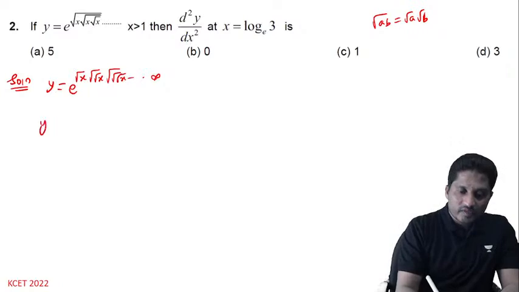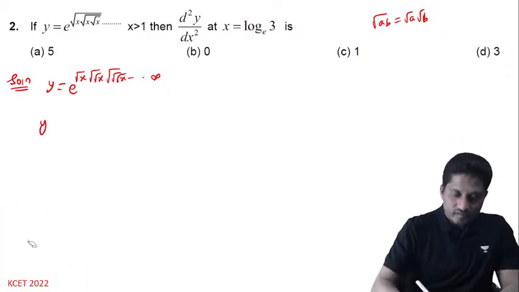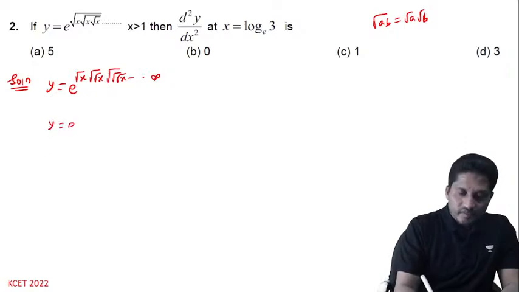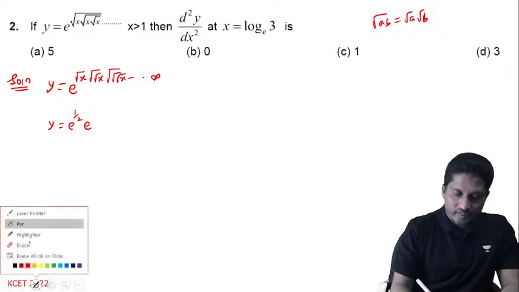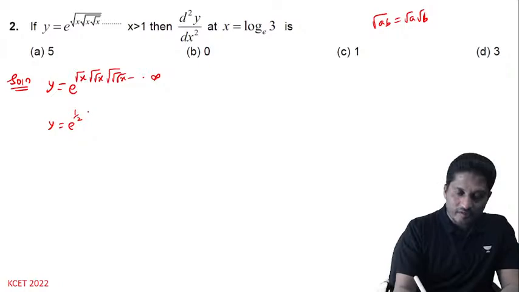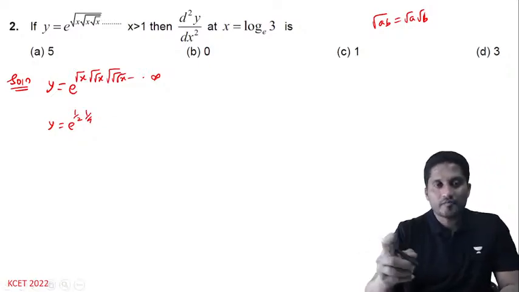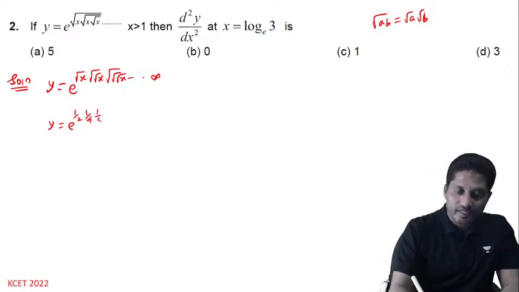So y is equal to e power half, and then root of root is double root, that is e to the power half 1 by 4, and e power half is 1 by 8, and so on up to infinity.